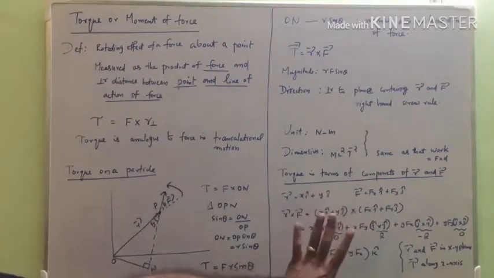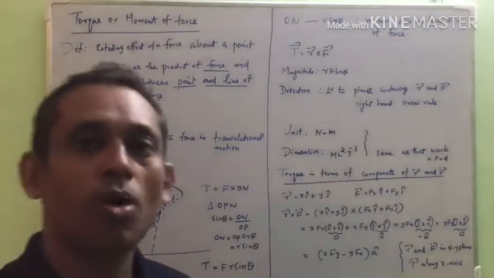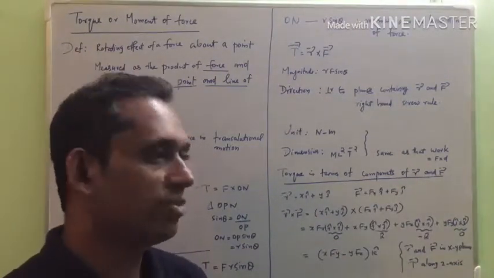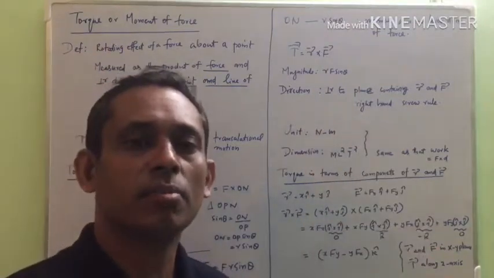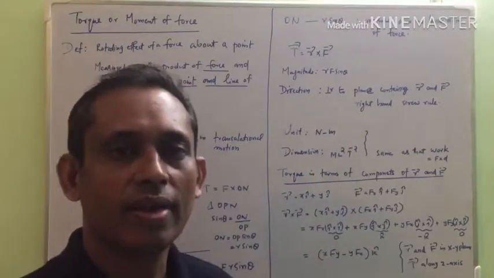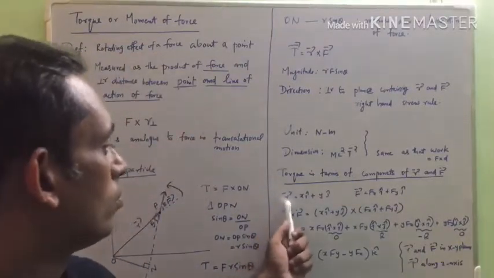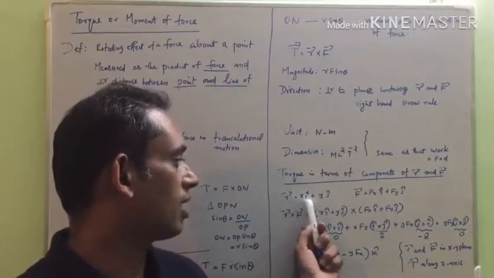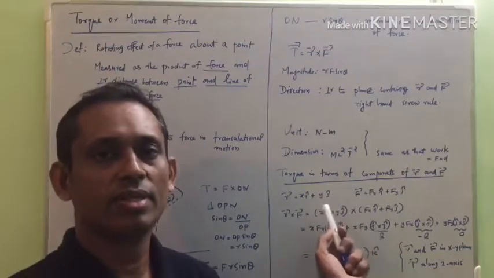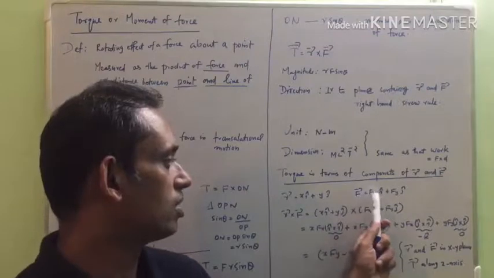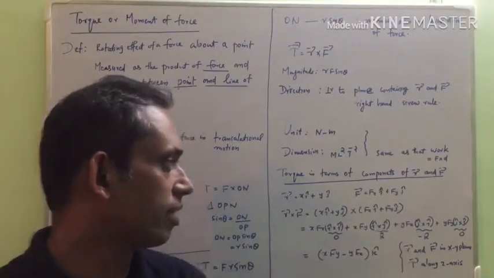Now let's calculate the torque in terms of the components of the vectors r and F. We imagine that the particle is moving in a plane and the force is also acting in that plane. So the position vector is given by x i plus y j in the xy plane, and the force is Fx i plus Fy j.